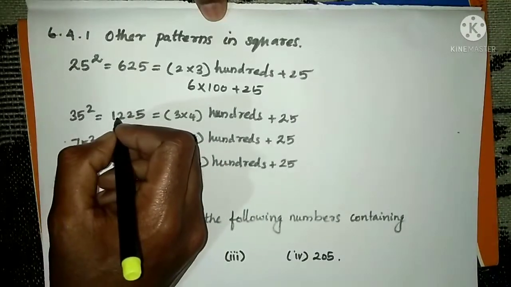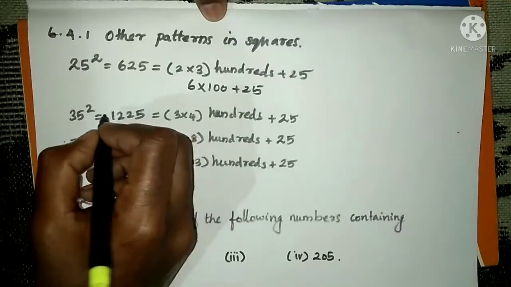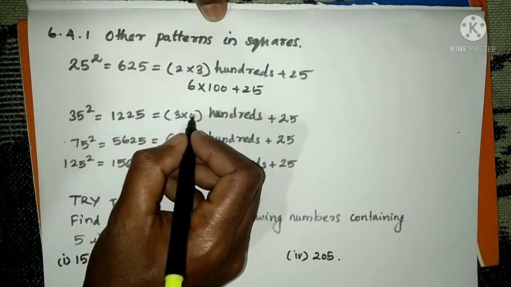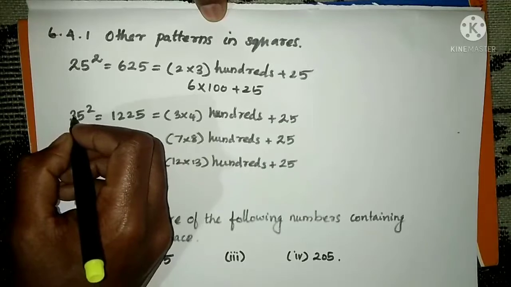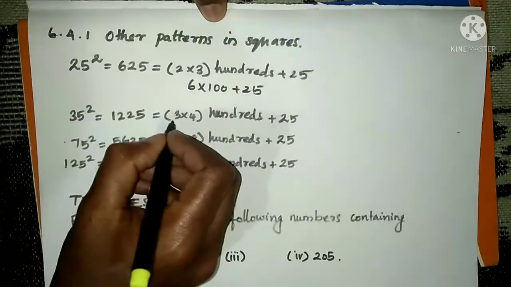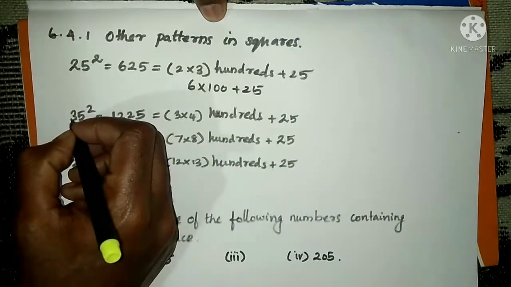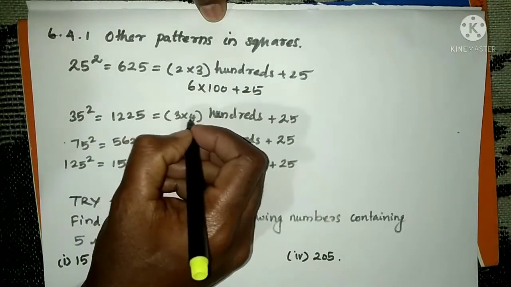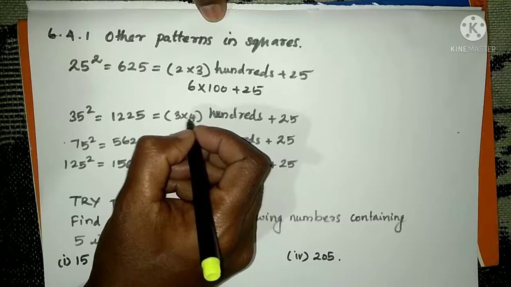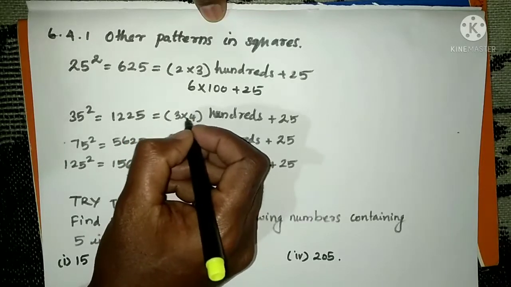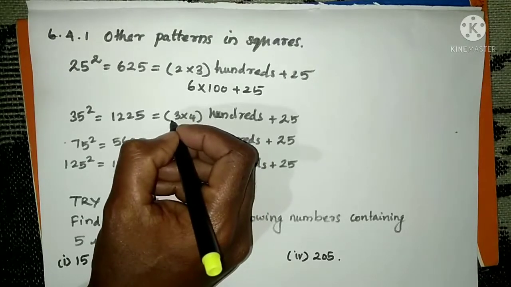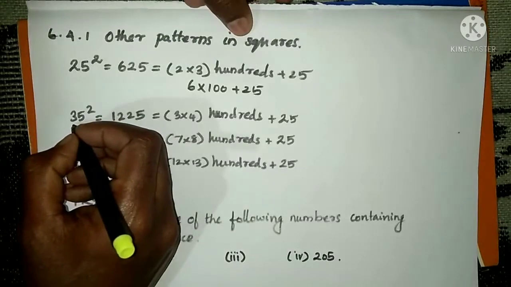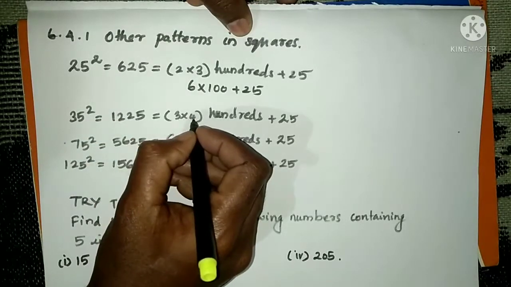This 1200 we can factorize like 3 into 4. If you notice, the first number is the tens place digit. The second number is the consecutive next number of that number. Here 3 is the tens place digit. So the next number after 3 is 4.